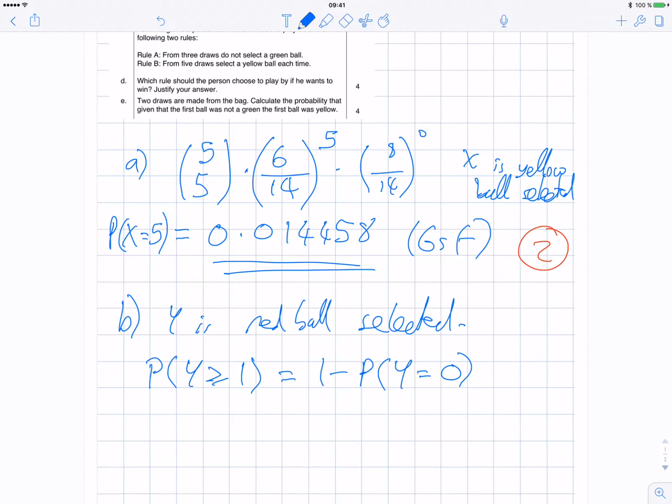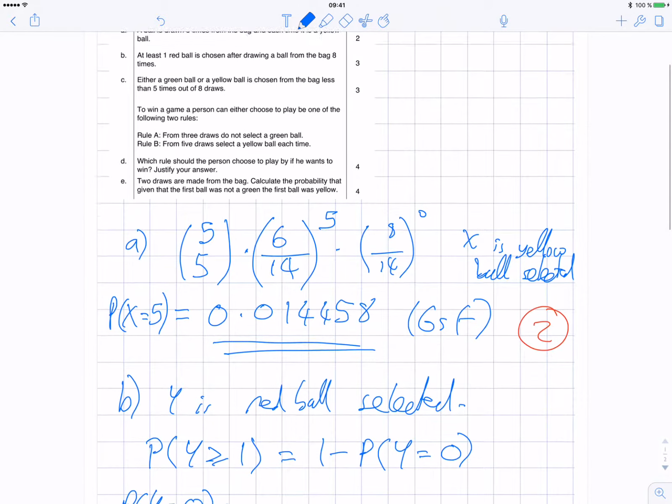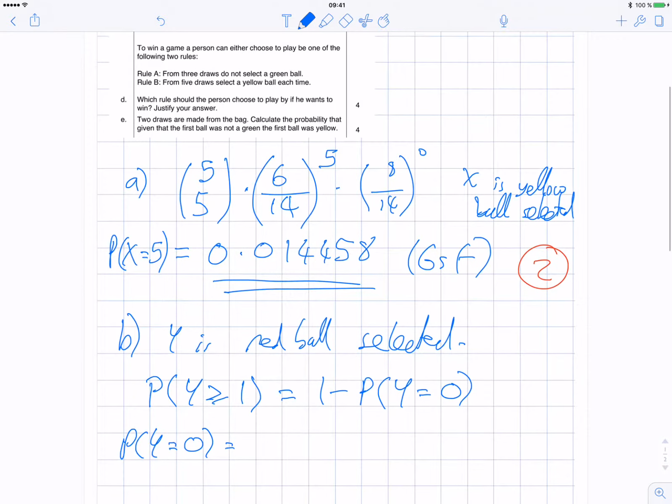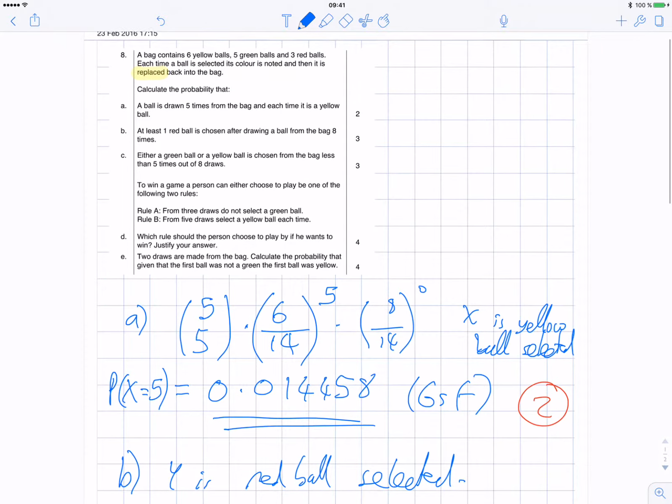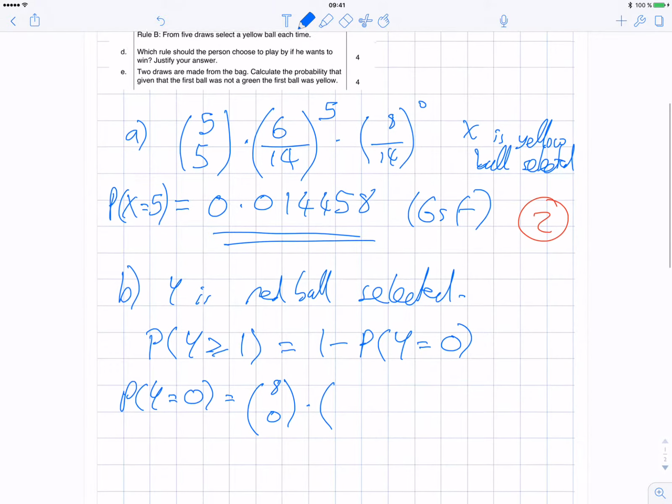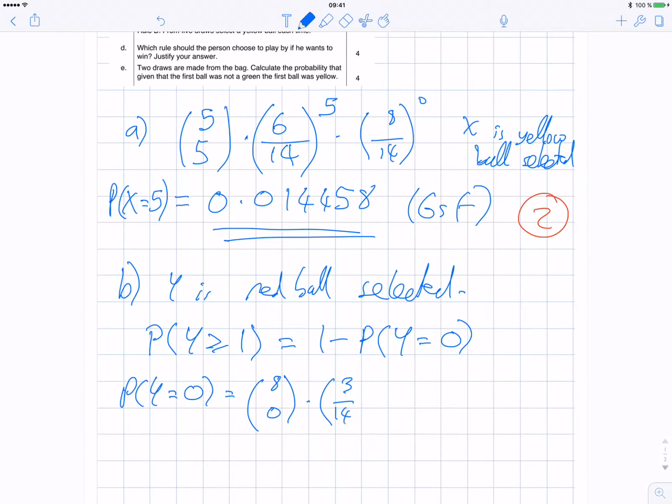So P(Y = 0) is equal to, now we're choosing the ball 8 times, we want none. The probability of getting a red ball is 3 out of 14. We want that to happen no times. And what do we have left over? We have 11 out of 14 left over, and that's going to happen 8 times.